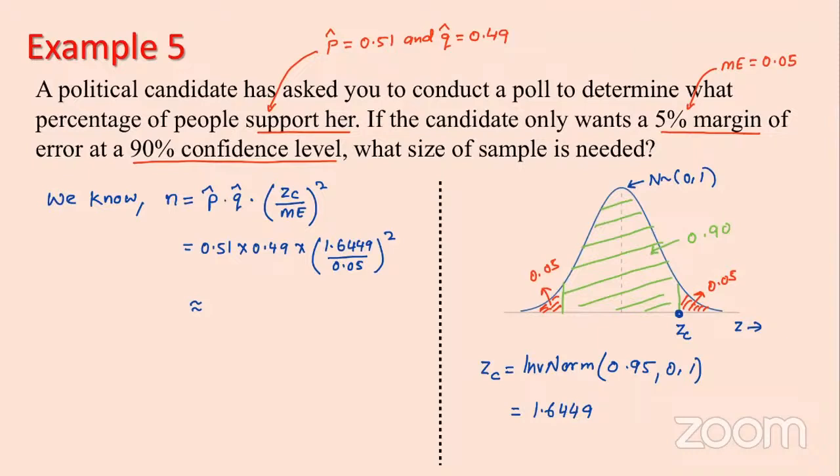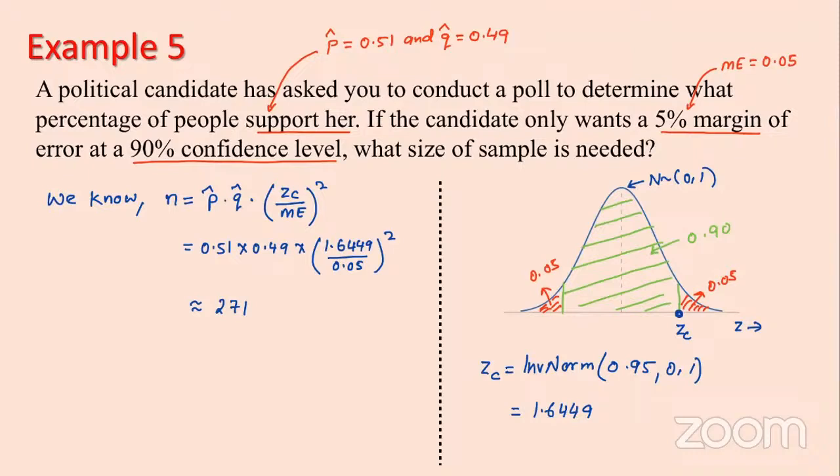271. Okay. 271. Make sure all of you type it, check it, verify that 271 is correct. Your calculator is not giving that. Okay. Hold on.